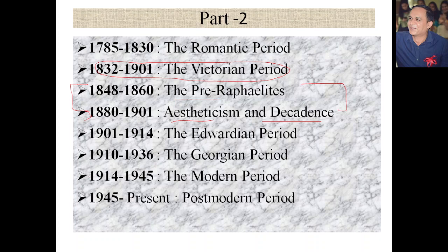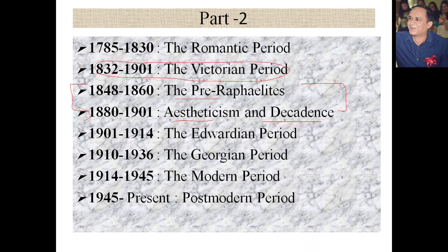However, from 1914 onwards, we call it the modern period. Okay, so I shouldn't get confused here. Actually, the modern period begins here in the Edwardian period itself, from 1914 onwards.